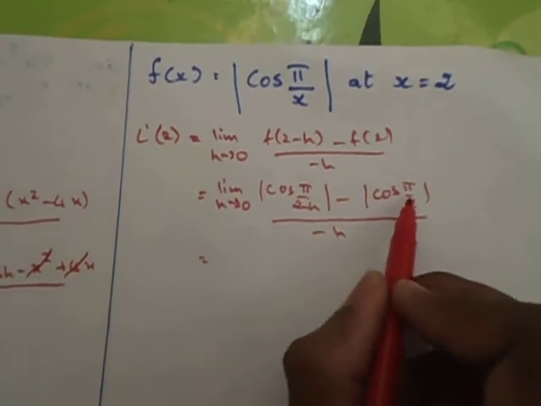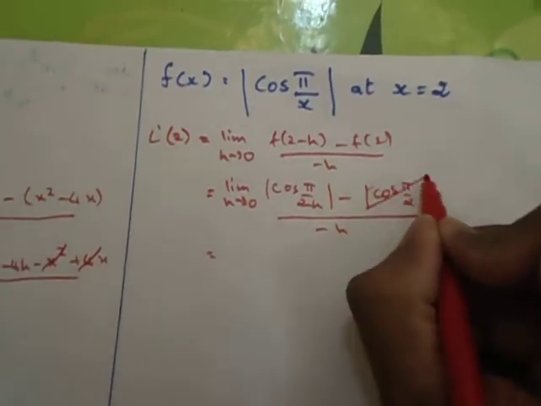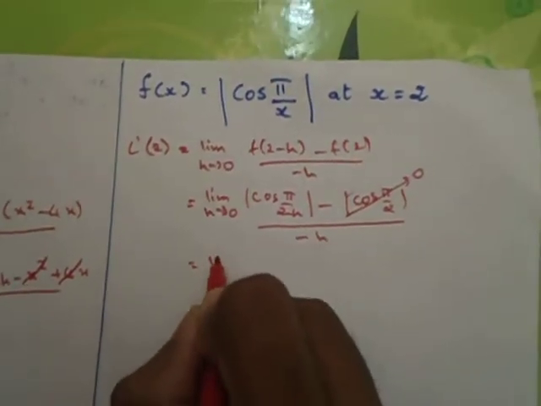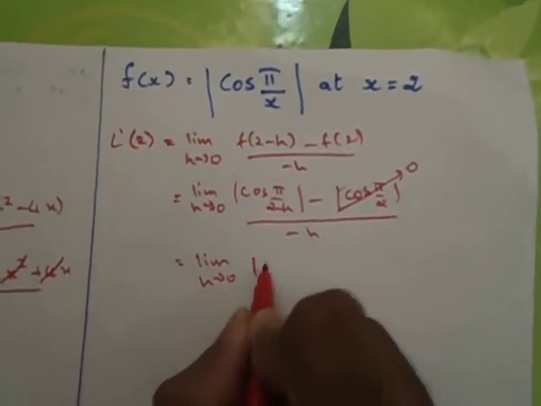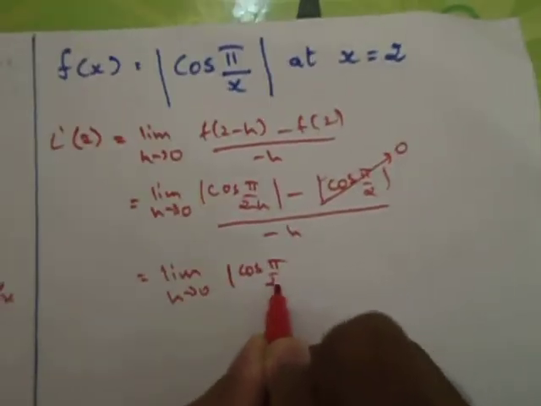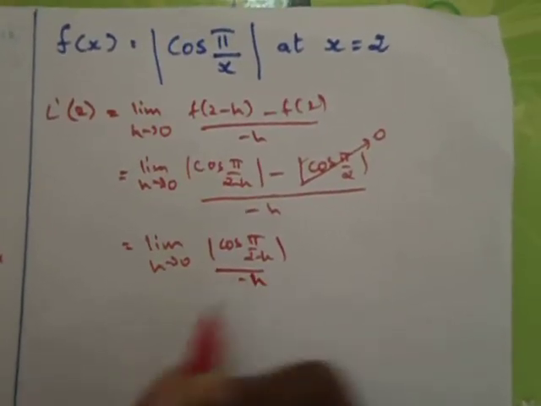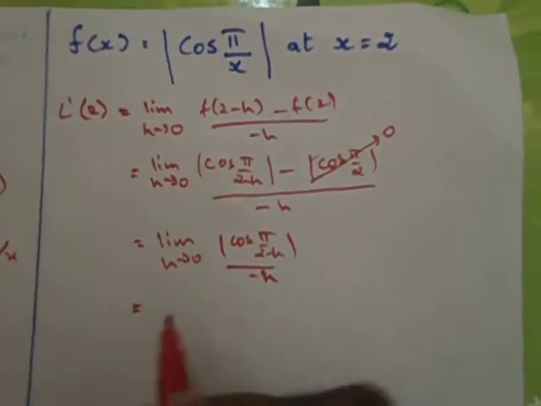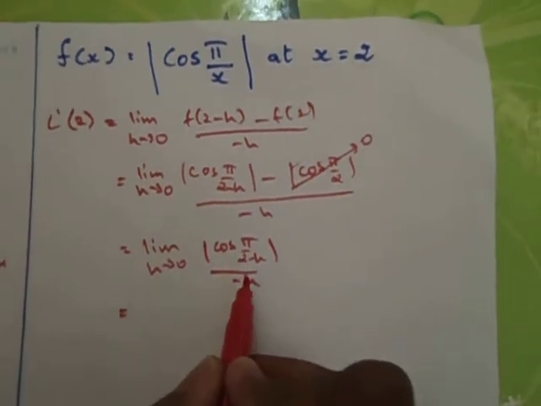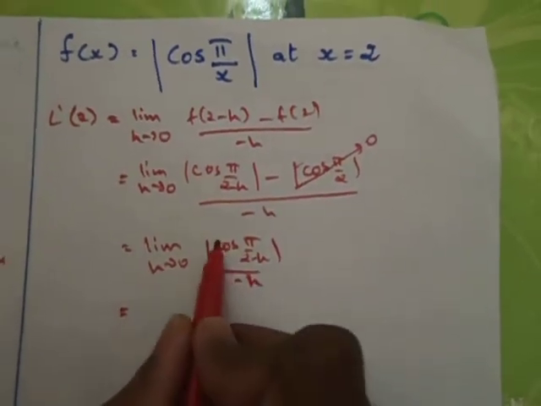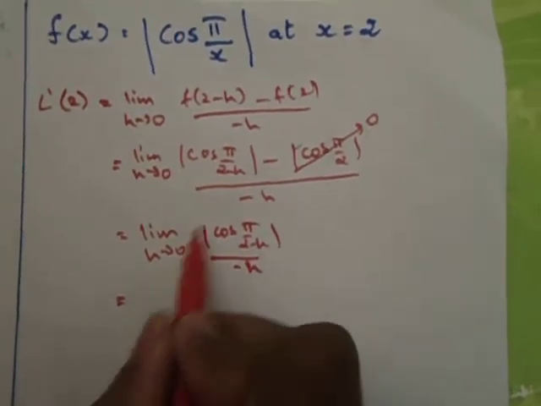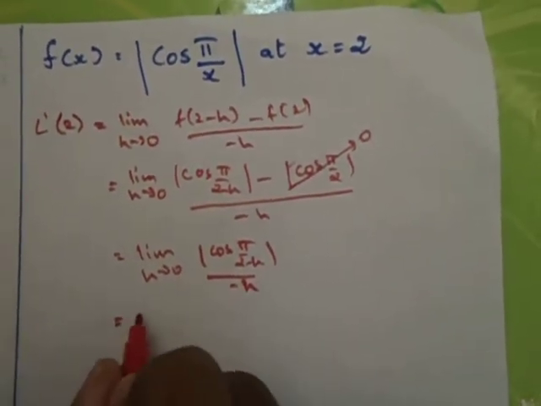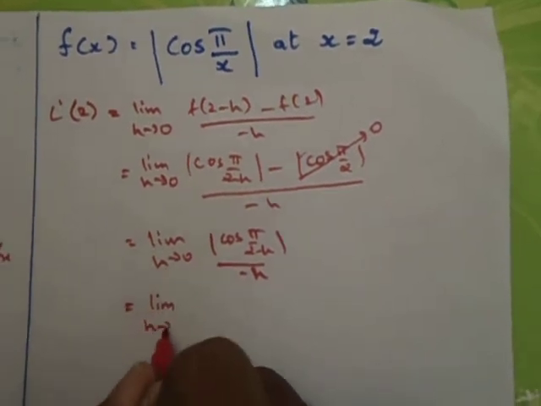So cos pi by 2 is 0, so this term becomes 0. Limit h tends to 0, modulus of cos pi by 2 minus h by minus h, which is equal to, here when we put 0 we get the numerator as cos pi by 2, which is 0, and the denominator is h, which is also 0. So 0 by 0, we can use the L'Hospital rule. Therefore limit h tends to 0.